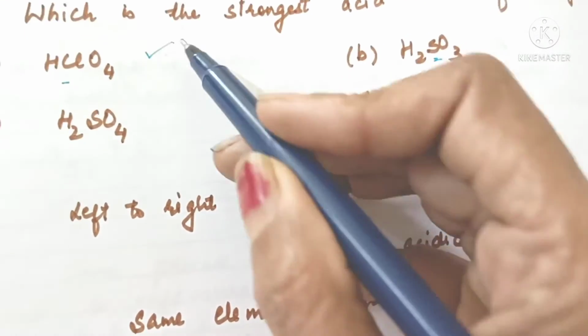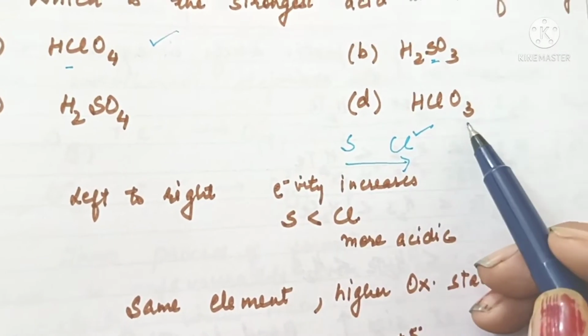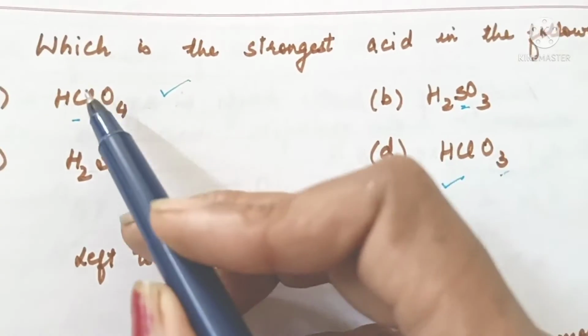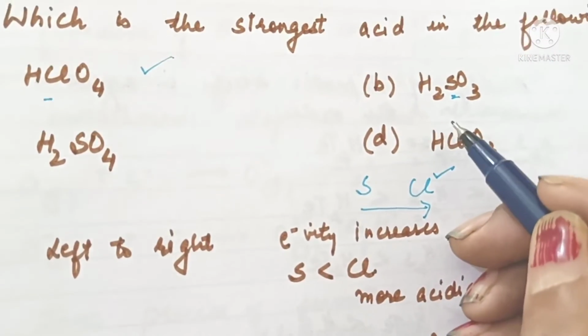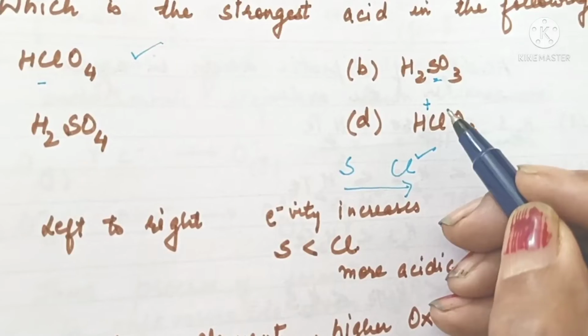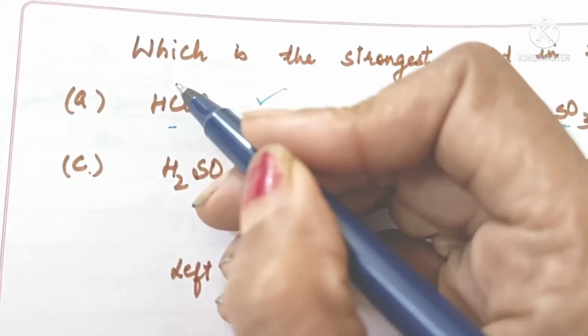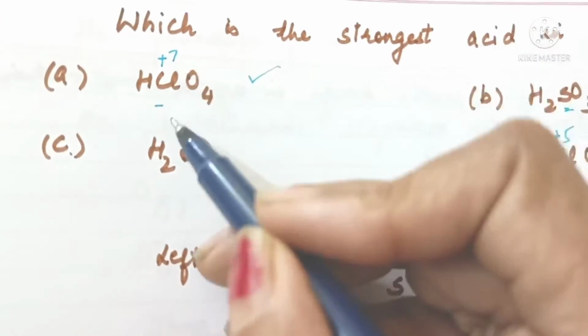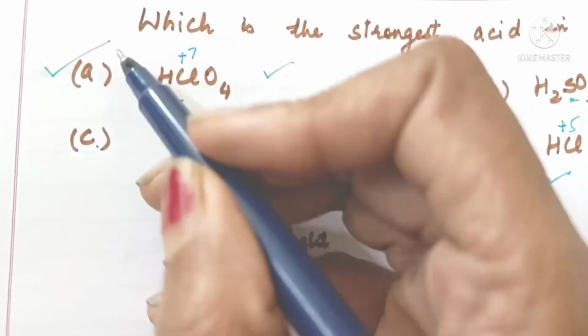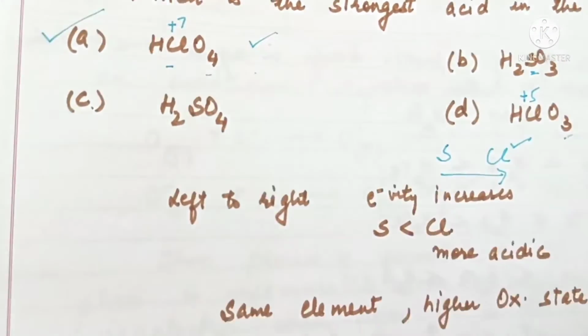Now if we have to choose between HClO4 and HClO3, when the element is the same, as the oxidation number increases, the acidic character increases. So option A will be most acidic. This is the strongest acid.